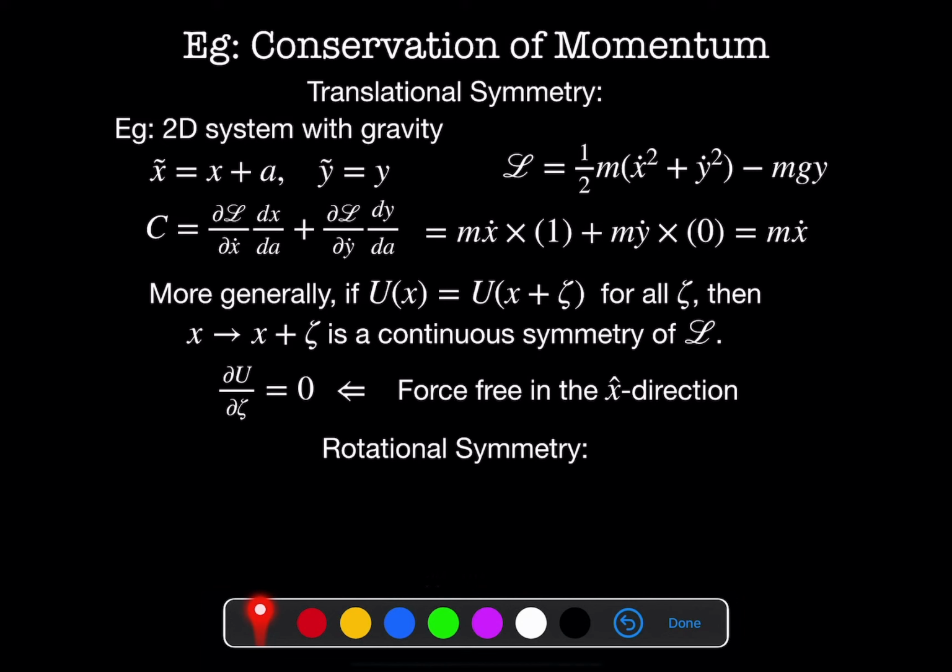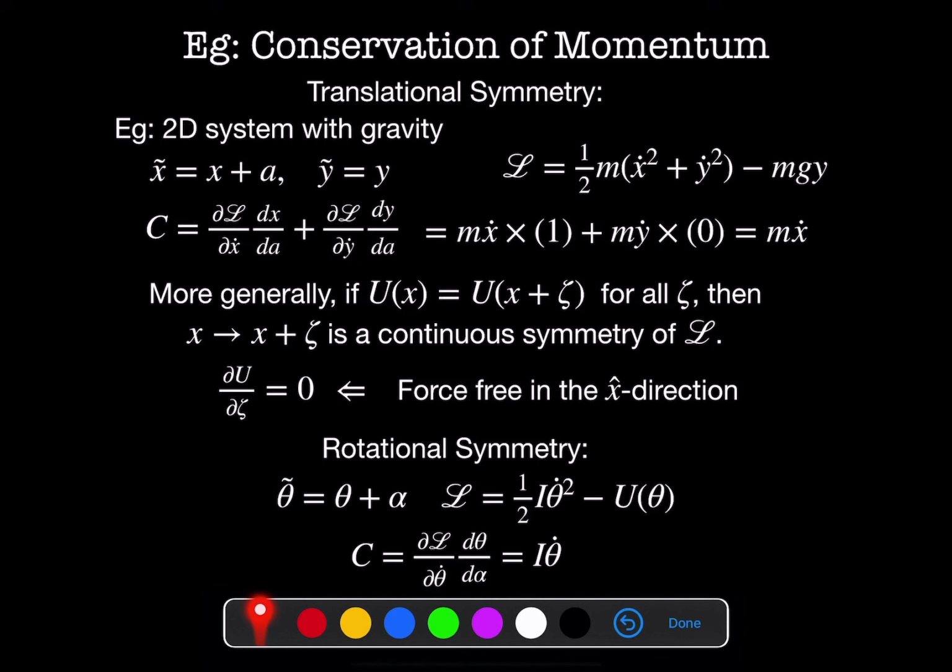We can do the same thing for rotational symmetry. Imagine I have some angle that's defined as theta plus alpha. Then my Lagrangian is 1/2 I θ̇², so this is the kinetic energy, minus some potential energy that depends on theta.